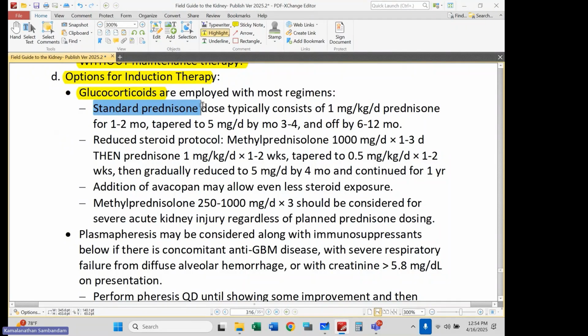You can use quote unquote standard doses with similar dosing to the lupus that I offered you, 1 mg per kg or so for 1 or 2 months, followed by a taper over the 6 months total, such that by 6 months or so, most of the patients we're trying to get off of their steroids. Okay. And then there's the reduced steroid protocol. Now you can invoke a true protocol because this has been studied in a randomized controlled trial.